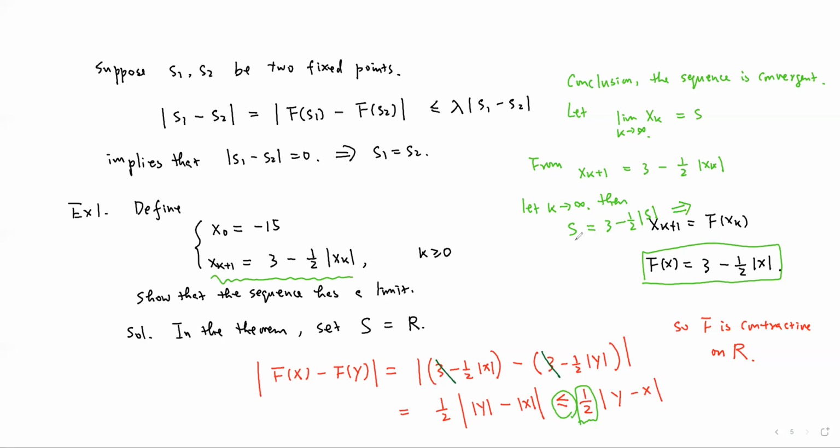The third case, s is 0, but clearly s equal to 0 does not satisfy this equation. So after we consider 3 cases, we conclude that the unique fixed point is 2. Actually, the sequence approaches 2.